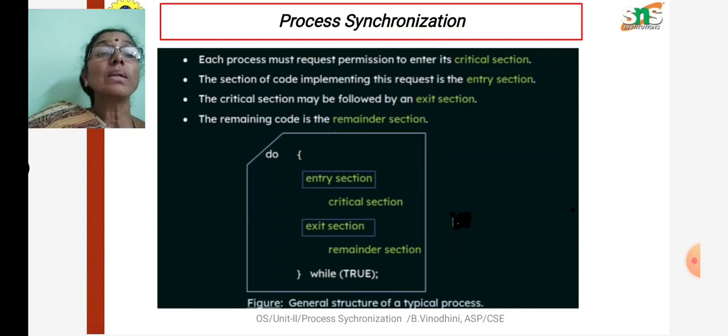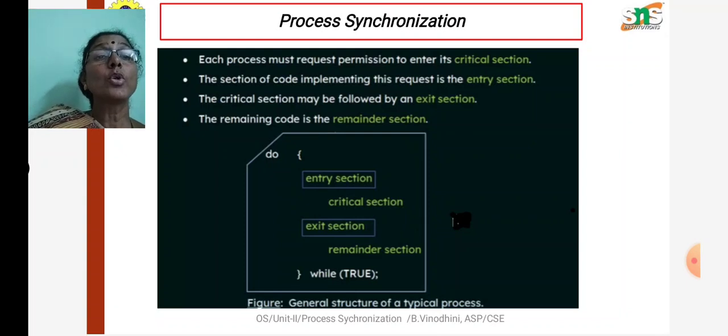For example, every process code has the following structure. We have an entry section, after that the critical section, then an exit section, and the remainder section follows the exit section. Each process must request permission to enter its critical section.